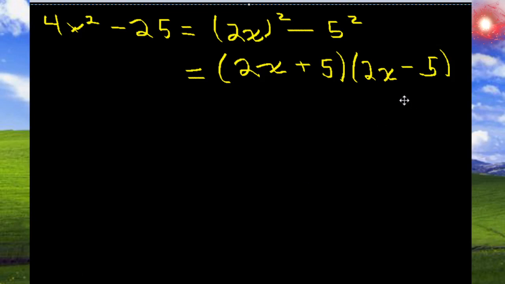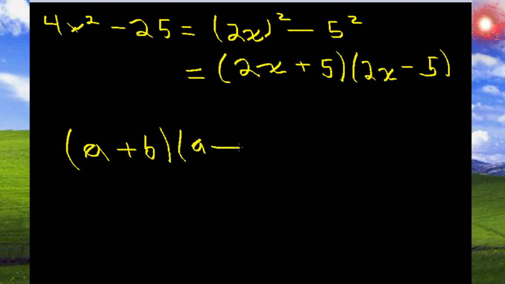I mentioned that in a previous video. This is a very common pattern, and it is just going backwards for this rule: a plus b times a minus b is equal to a squared minus b squared.